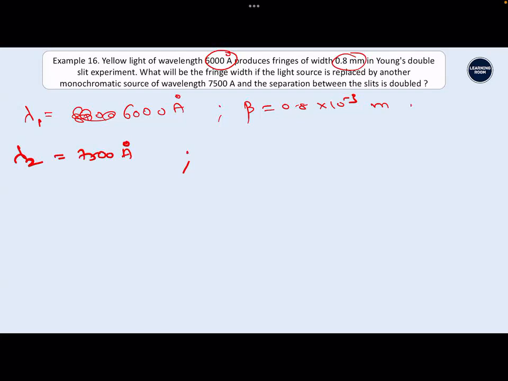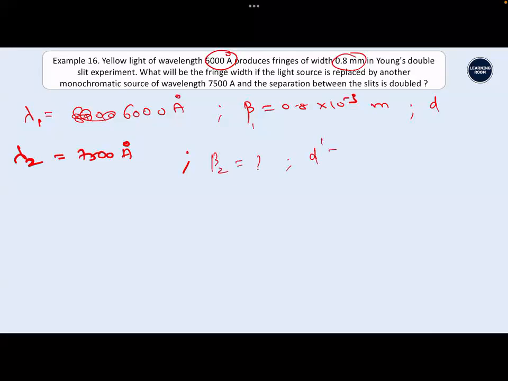So here, if the slit separation is d, beta 2 is equal to how much when d dash is equal to 2d. So what is constant? Capital D is a constant. So apply the formula of beta and so on.